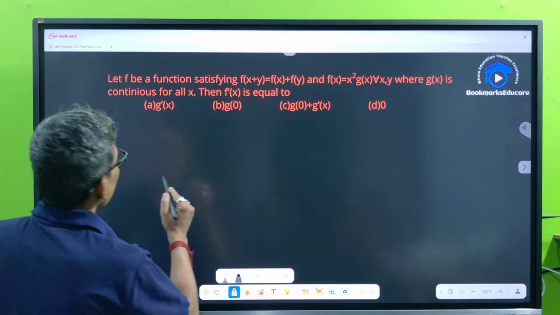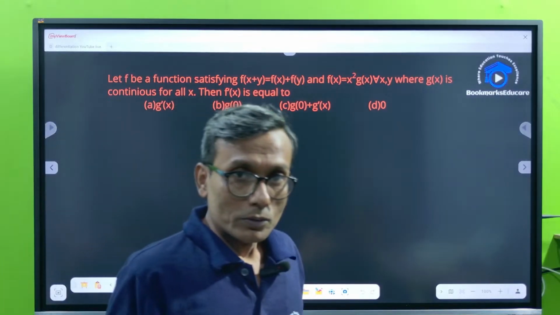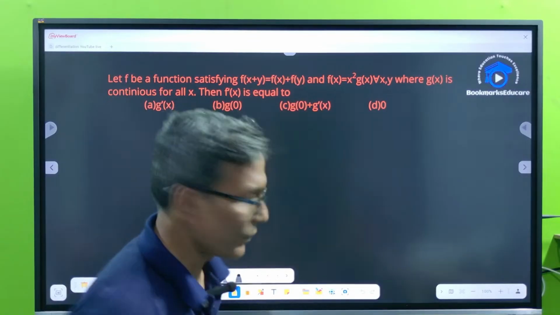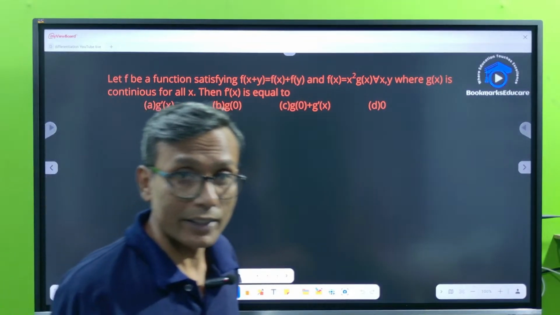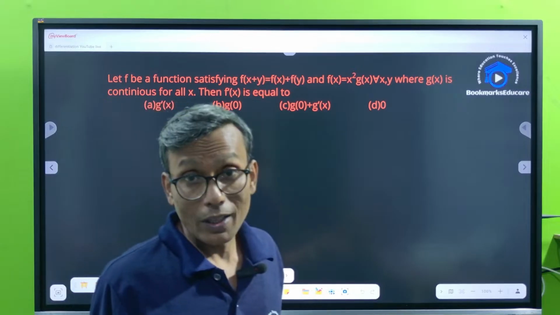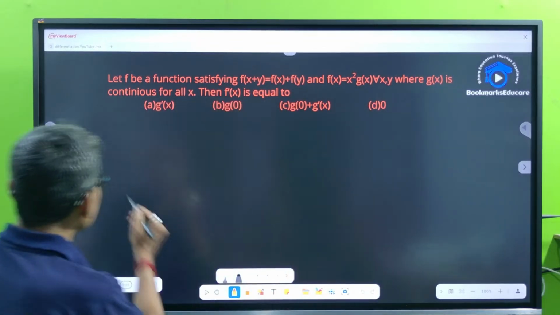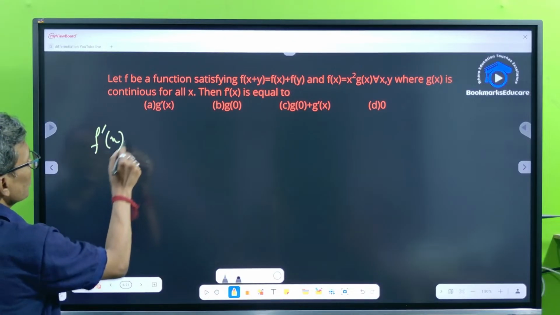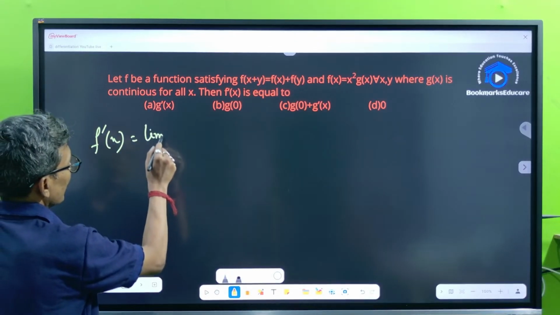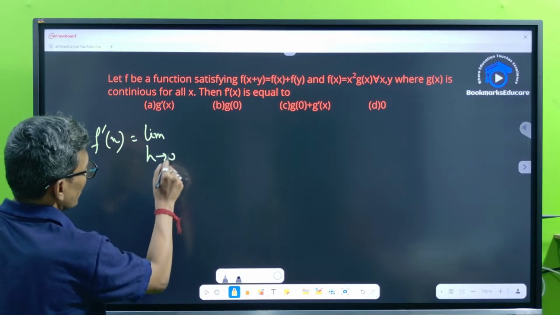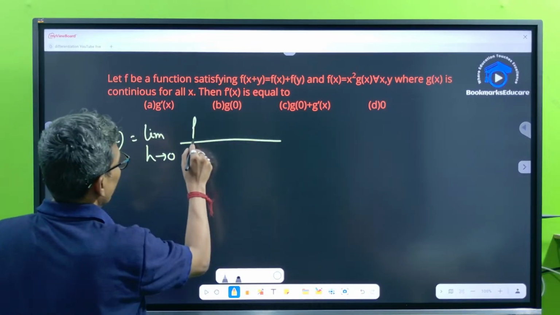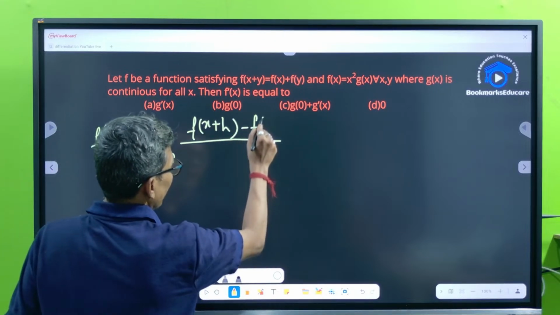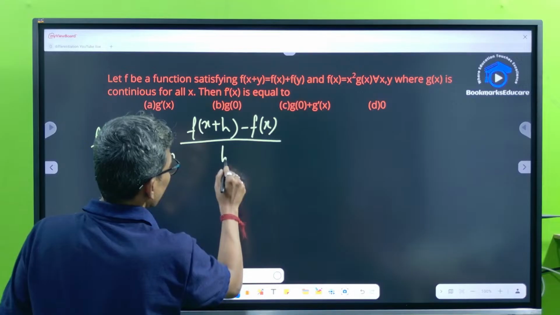So applying the first principle of derivative. So what is the first principle of derivative? That we have also learned in our previous class, that is f dash x is equal to limit h tends to 0 of f of x plus h minus f of x by h.